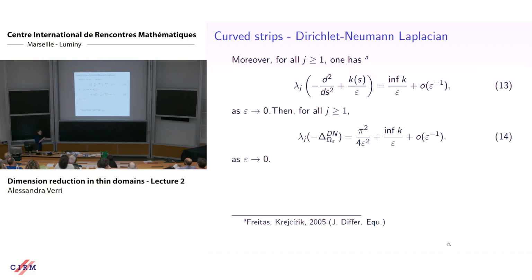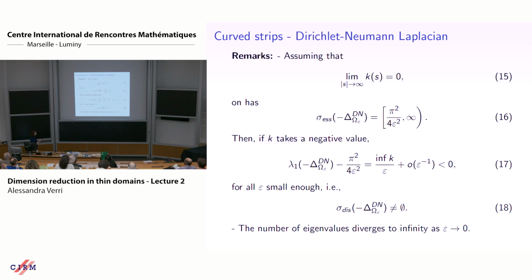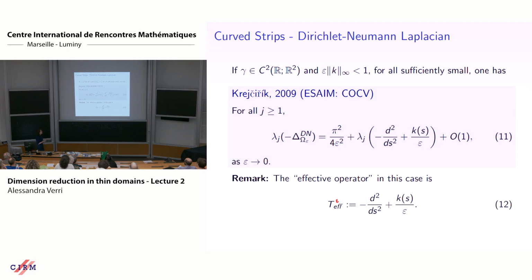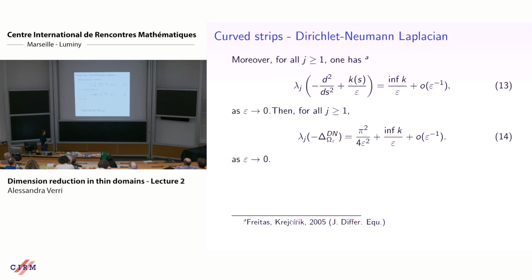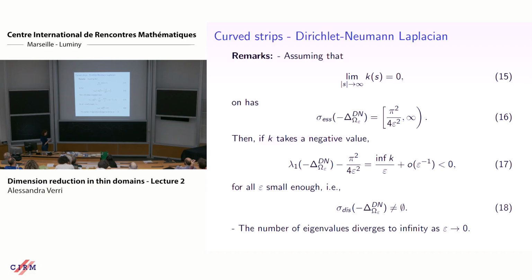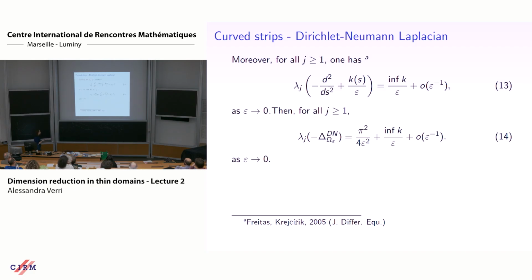But we can reduce our problem to study these operators. In this paper, it was noted that for each j, this sequence of values given by the minimax principle can be written in this expression, so we have another asymptotic behavior.